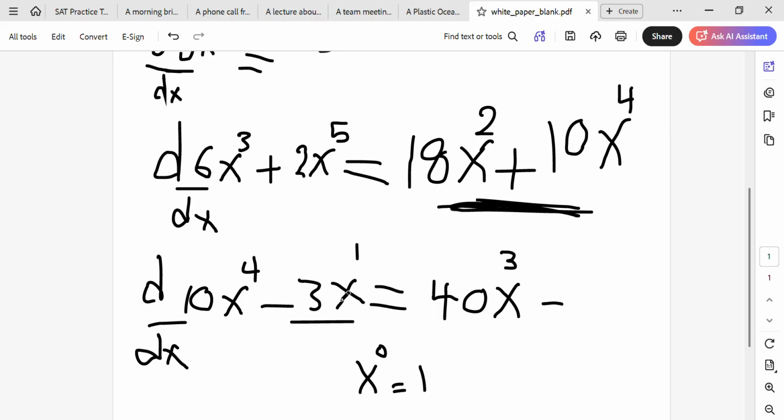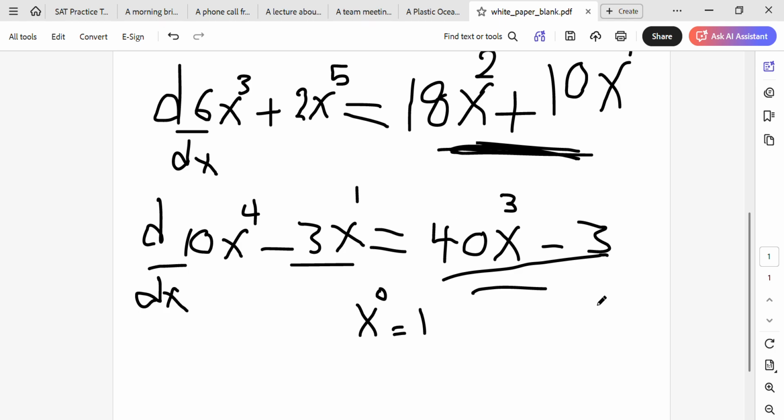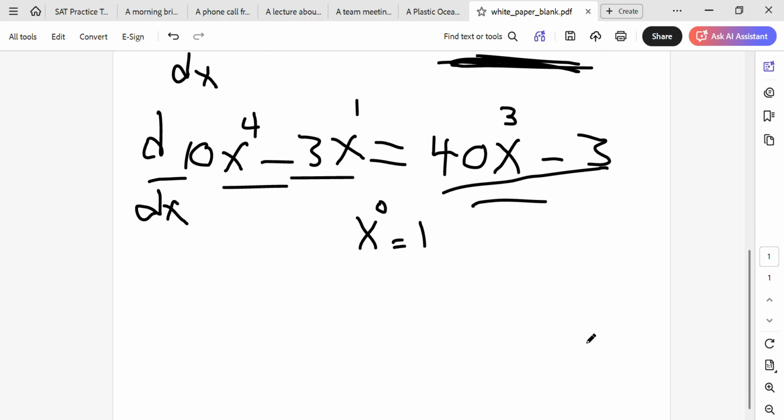So now we have replaced that x by 1. 1 times 3, that is 3. So it's just minus 3. That's how you solve it for any function where terms are added to or subtracted from each other.